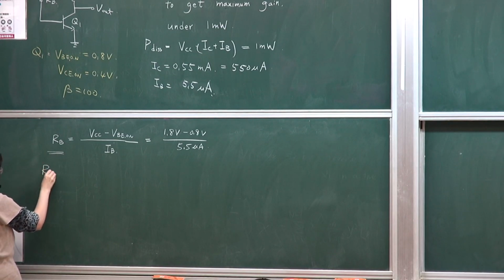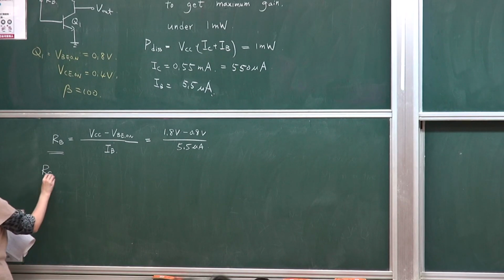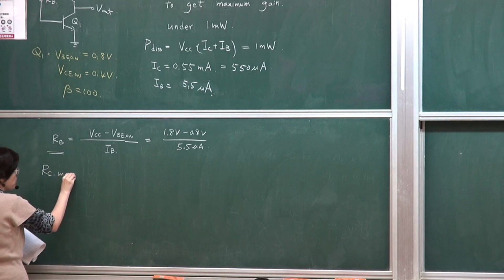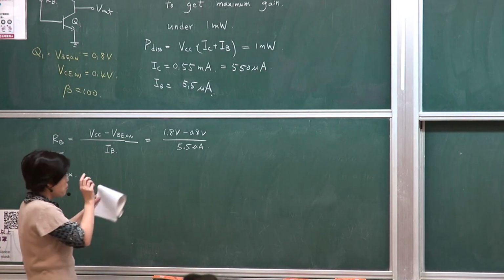But how about RC? RC will be the maximum level where you will stand. To get the maximum level, you need to find out IC max. What determines IC max is actually the gain. Remember the target of this design is to obtain maximum gain, meaning you want maximum IC.